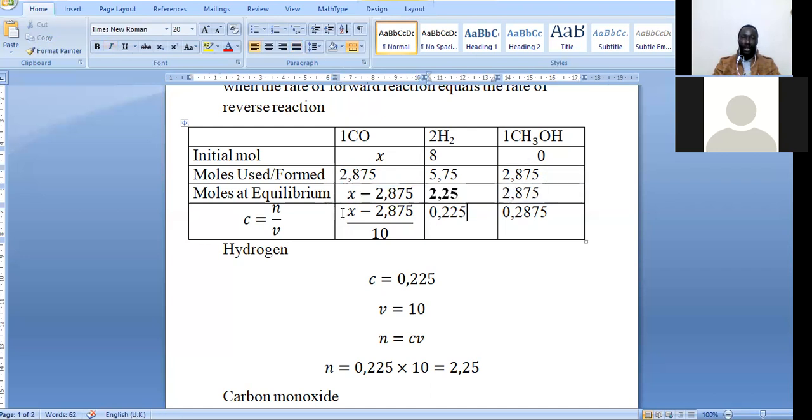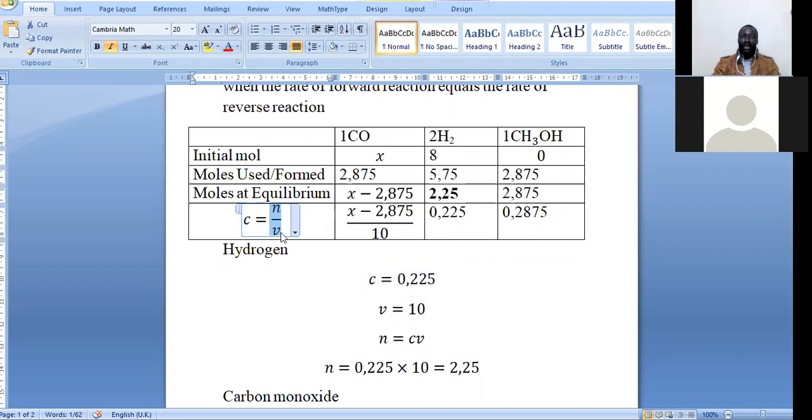The next thing we are dealing with is the concentration. Now, the concentration is calculated when we know the number of moles, then we divide it by the volume. Now, this whole setup is kept in a small container of a volume of 10 cubic decimeter.